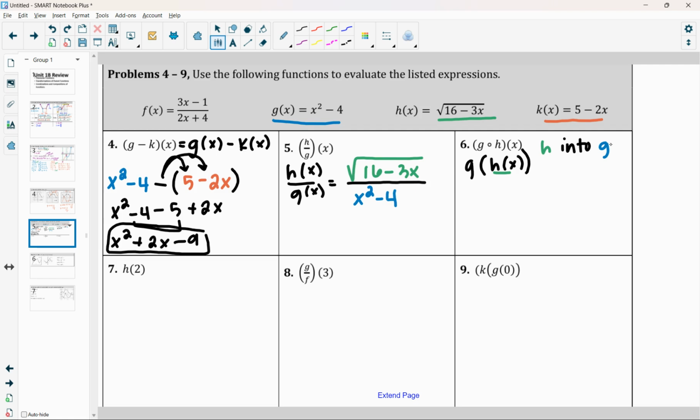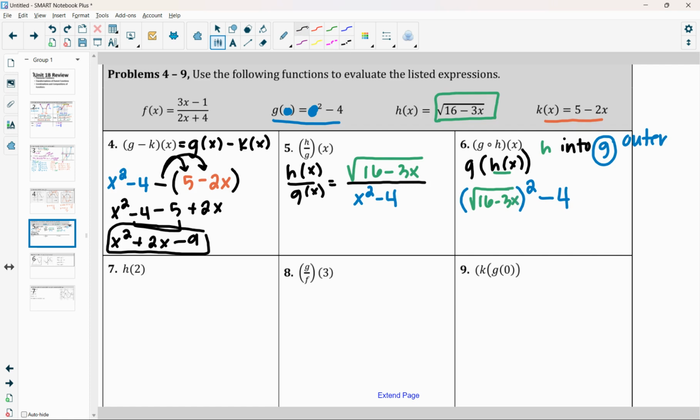So the g is my outer function. So I'm going to write that down, but without this x. I'm going to have parentheses in that input. So here's my g function. It's something squared minus 4. And what's going into it instead of x is the h function. So h of x is going into g.